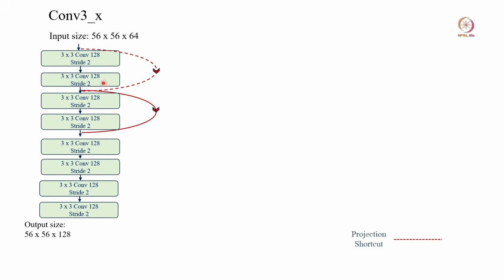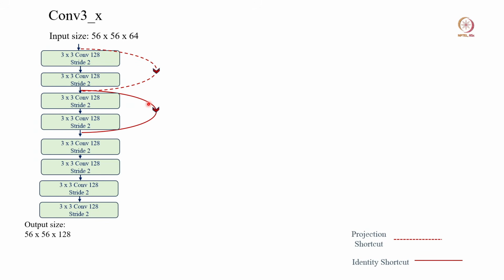Now, if we see, there are 2 types of lines that I have given. One is a dotted line, another one is the bold line. These are all the skip connections. What does this dotted line mean? It means it is a projection shortcut. We will see what a projection shortcut is in the next slide. Right now, we will keep it as different from the bold one, which is an identity shortcut.